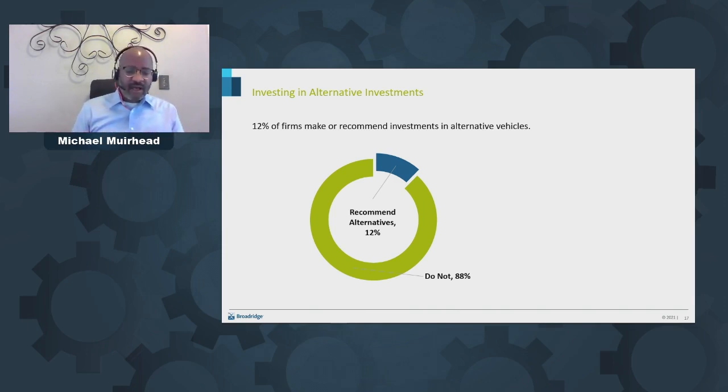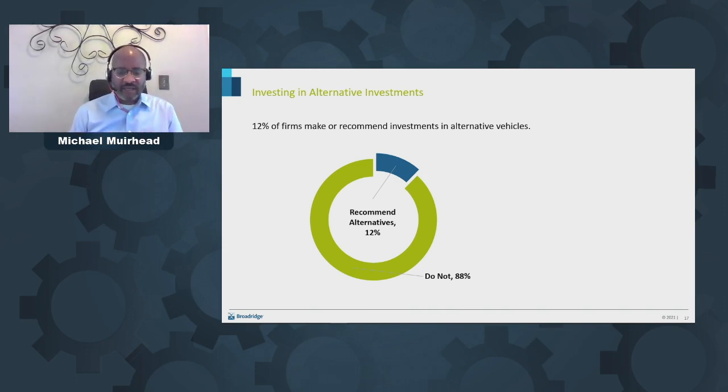And so here, the key message is that as advisors are looking at and doing due diligence on alternative investments or alternative vehicles, by the very nature of these vehicles and the complexity, they require some really special analytical skills and due diligence that needs to be a part of the process to make sure that you're fulfilling that obligation of care, especially given that these products typically aren't regulated.